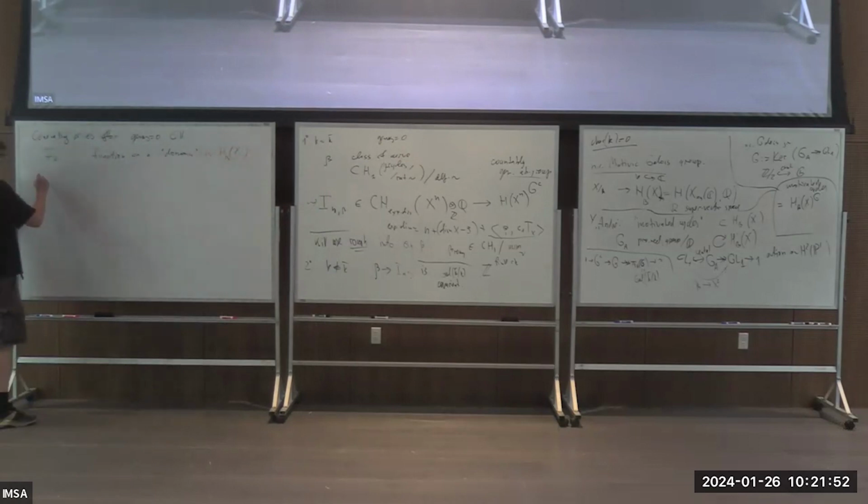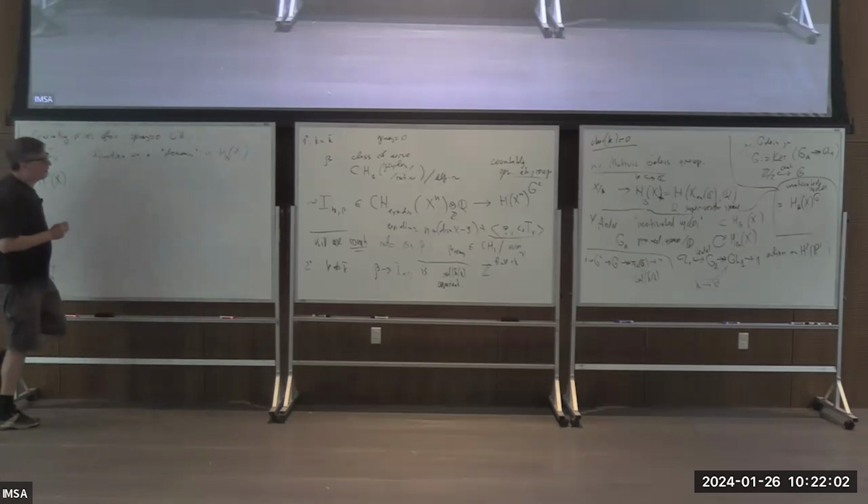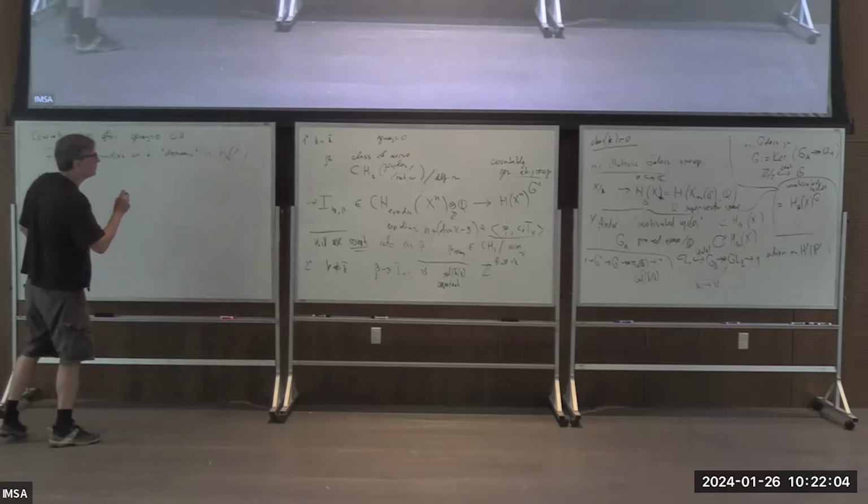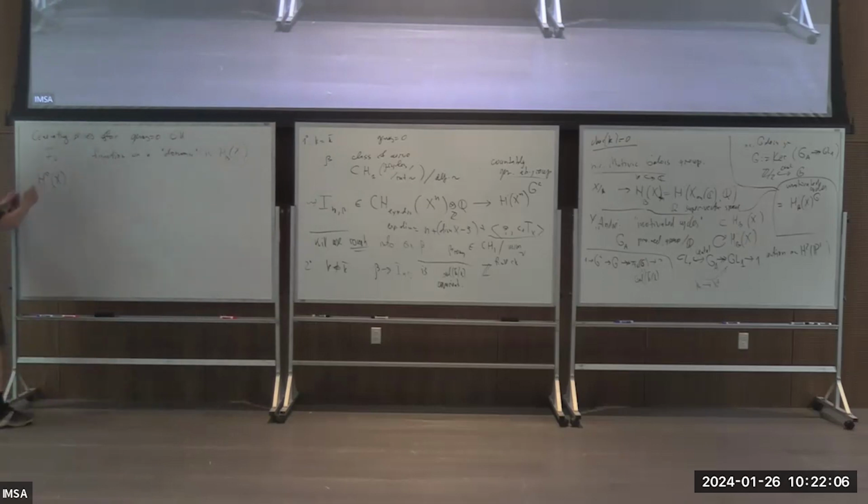First, when you have a variety, you have zero homology, which is U of U, if the variety is not connected, the finite components of X plus.